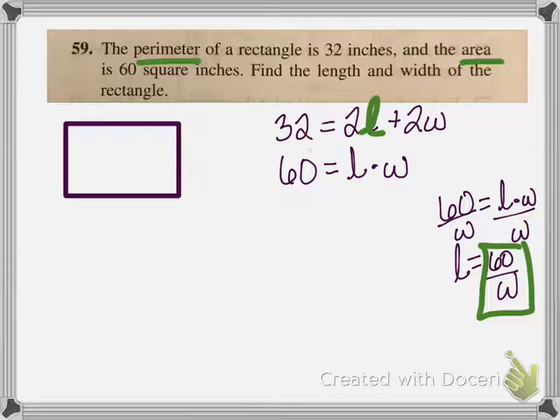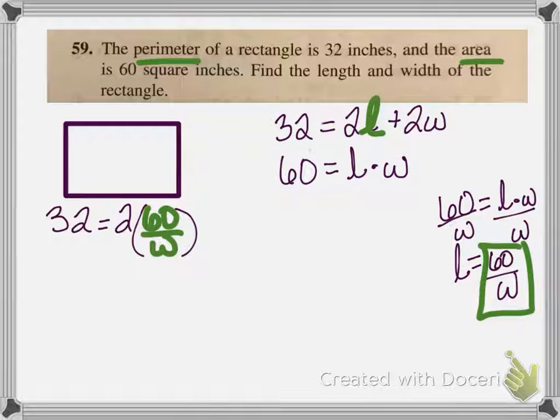So I'm going to rewrite this, and I'm going to say 32 inches equals 2 times 60 over W plus 2W. Okay?